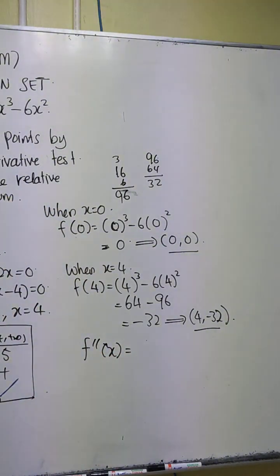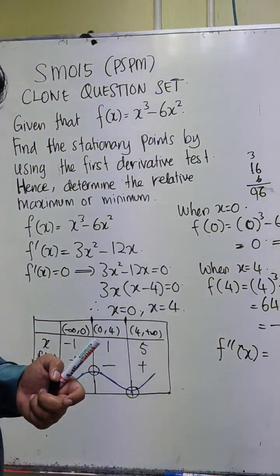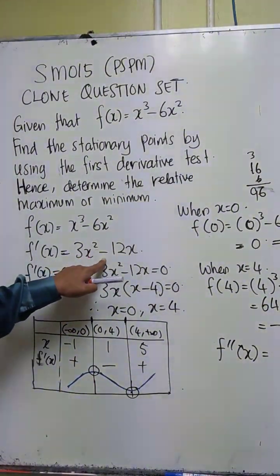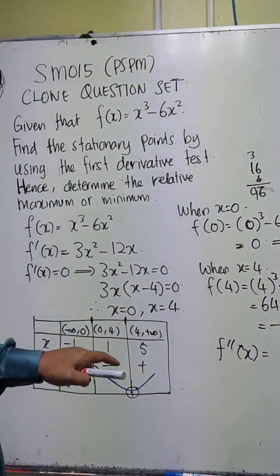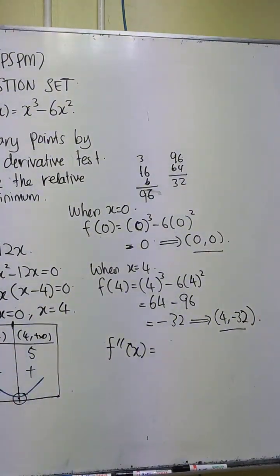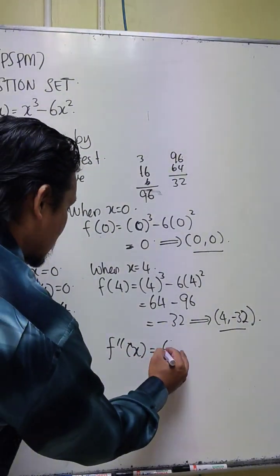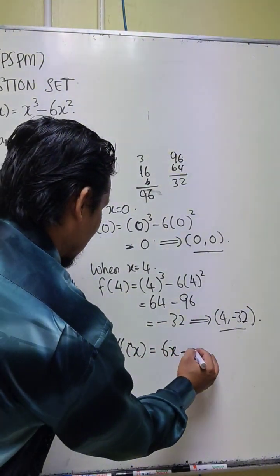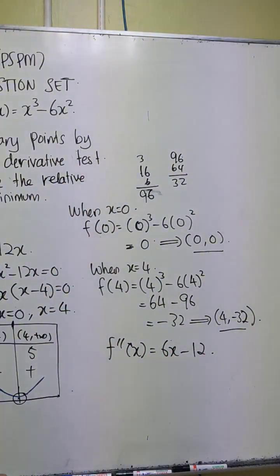From 3x squared minus 12x, differentiating for the second time gives us 6x minus 12.